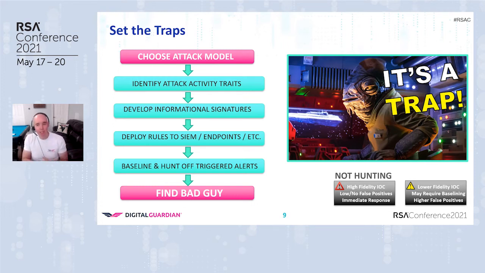And it does require some baseline, and it does require some pivoting. So I just want to make sure that we delineate between the two, because a high fidelity IOC, something triggering an alarm in your SIEM that requires immediate action, that's not hunting. That's kind of sitting back waiting for the alerts to trigger. So we're going to go into what those lower fidelity indicators or TTPs are that you're going to be looking for.